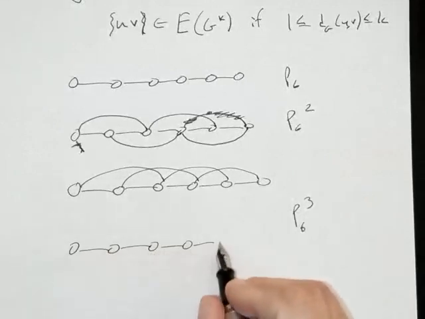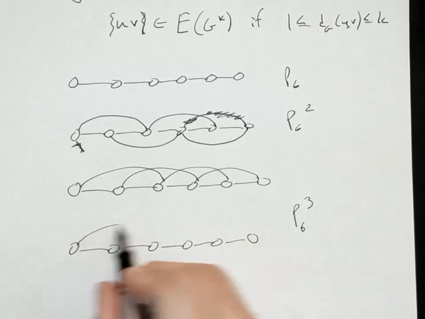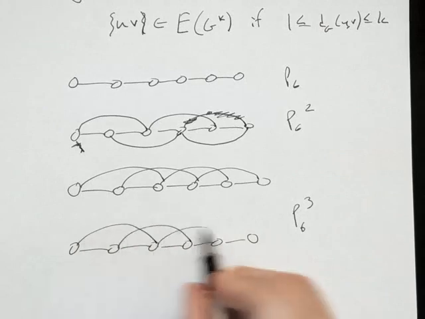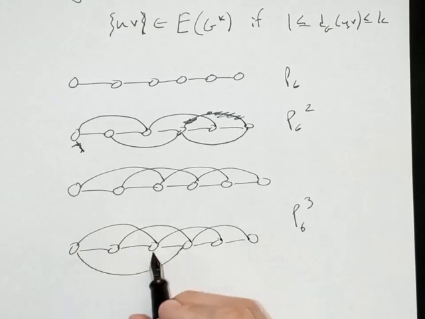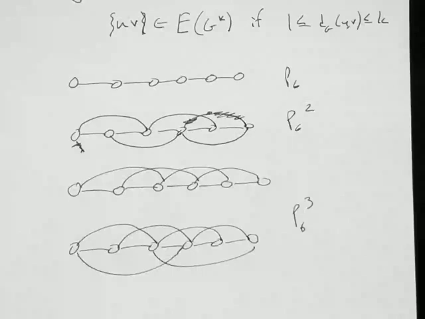See here, those are all the vertices. Distance to is 5.